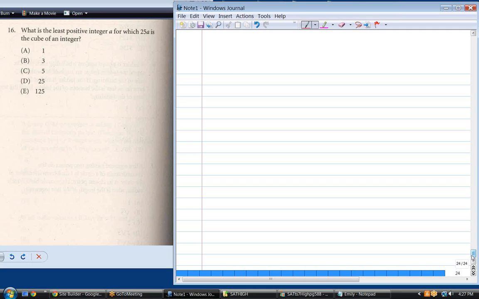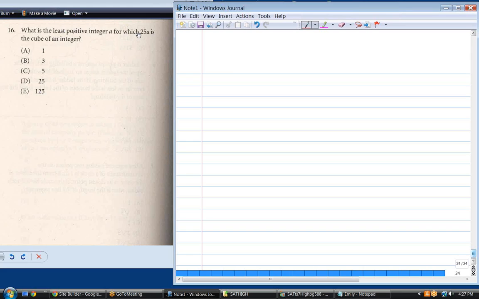Yeah, for sure. Which is the least positive integer a, for which 25a is the cube of an integer? $125. No, I don't know. Well, so let's back solve. If there was ever a problem that was meant for back solving, it's this, for a couple of reasons. They say least, so we're not going to start at 125, we're going to start at 1.